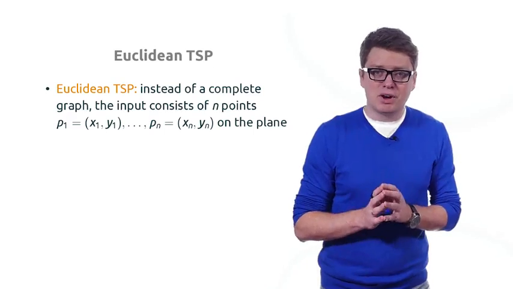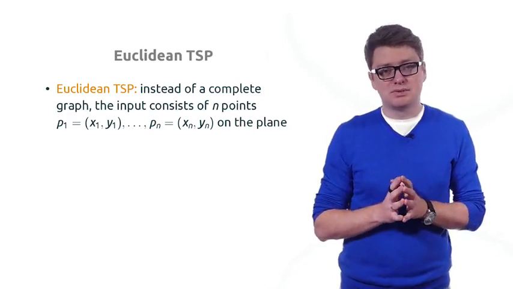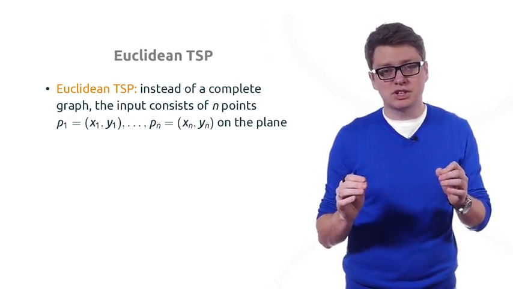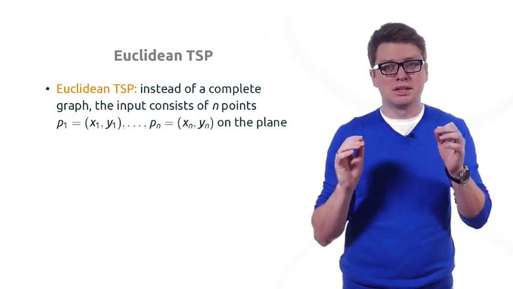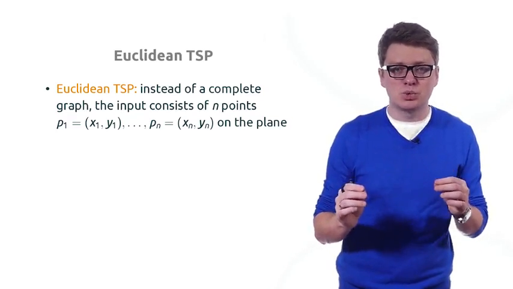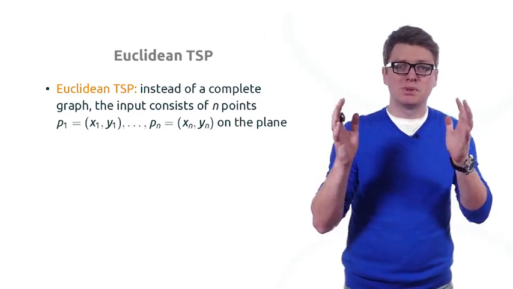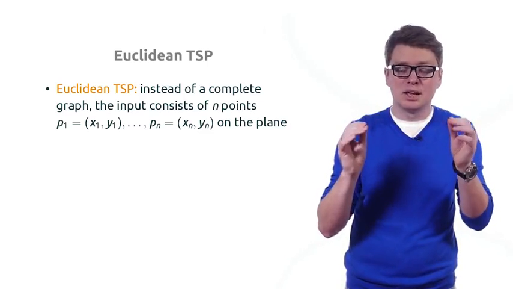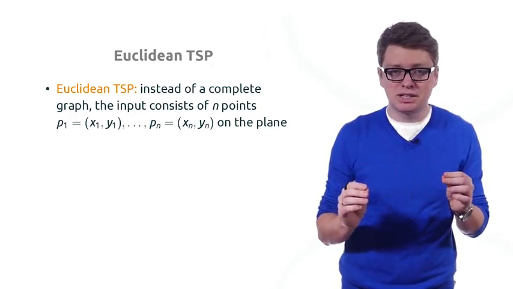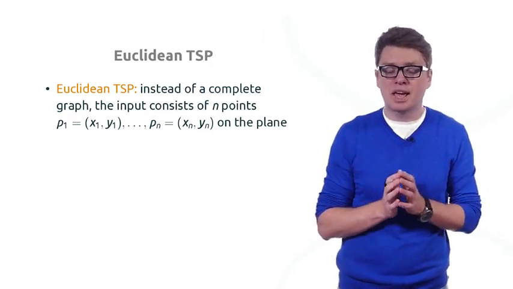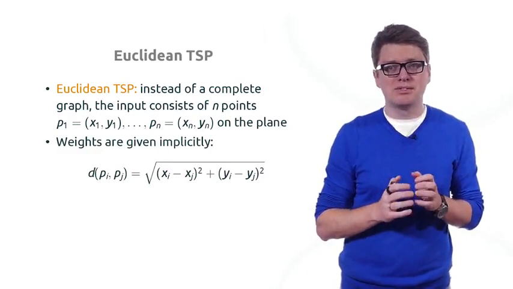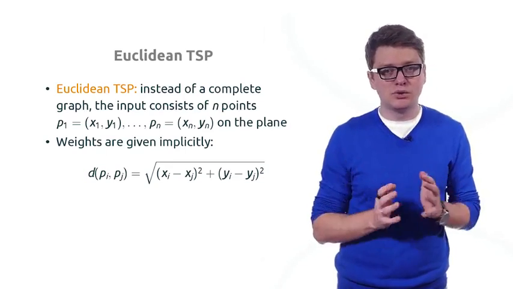Let me also make a remark that the example that we've seen is an instance of the so-called special case called the Euclidean traveling salesman problem. In this case, we are not given a graph explicitly. We are given just points on the plane, specified by their coordinates. And the weights on edges between the corresponding points are given to us implicitly by the well-known formula.